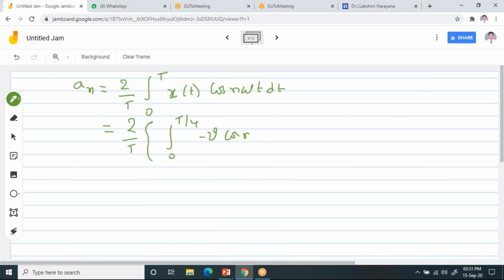Now, please be very careful when solving this integration, since it has three independent terms. For all these three terms, V is common.